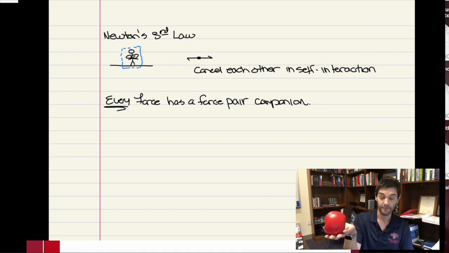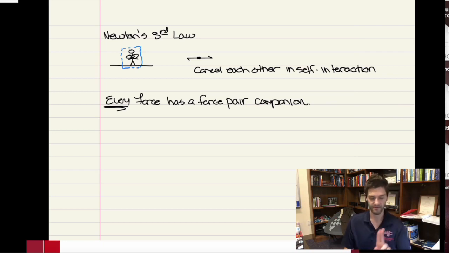Those two forces are a force pair, which are connected by Newton's third law. I'm sitting on the chair, pushing down on the chair because I'm in contact with the chair. The chair is pushing up on me. Those two forces, me pushing on the chair and the chair pushing up on me, are a contact force pair. They are related by Newton's third law, are equal and opposite in magnitude, or equal in magnitude, opposite in direction.